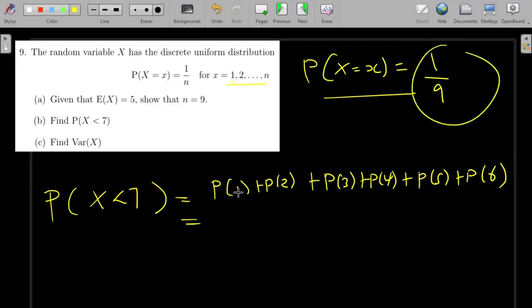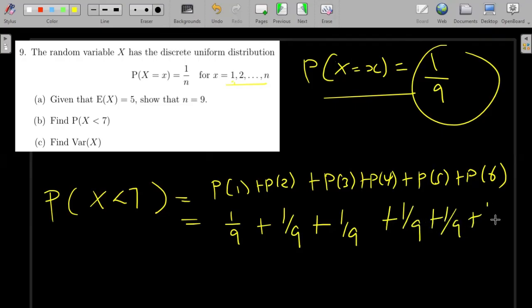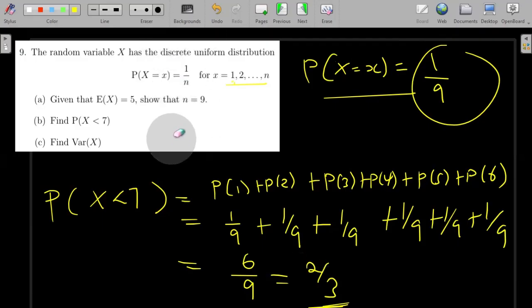So each one is 1 over 9, and we have six 1 over 9s. So it's the same as 6 over 9, which gives 2 over 3. You can leave it as a fraction or calculate it as a decimal. This is the probability that x is less than 7.